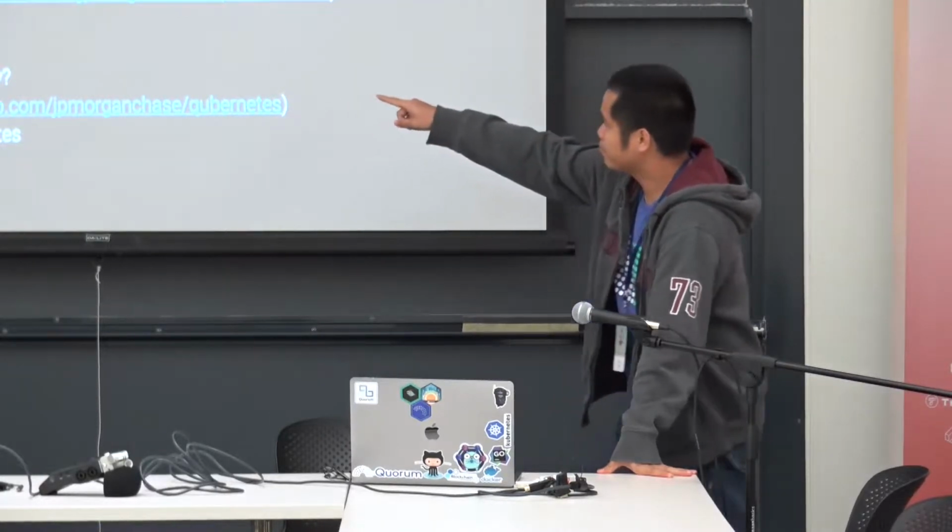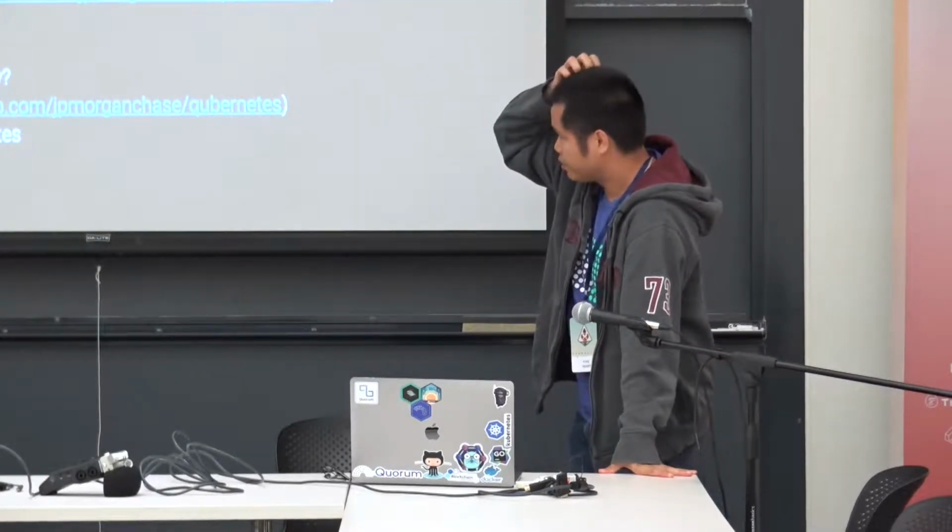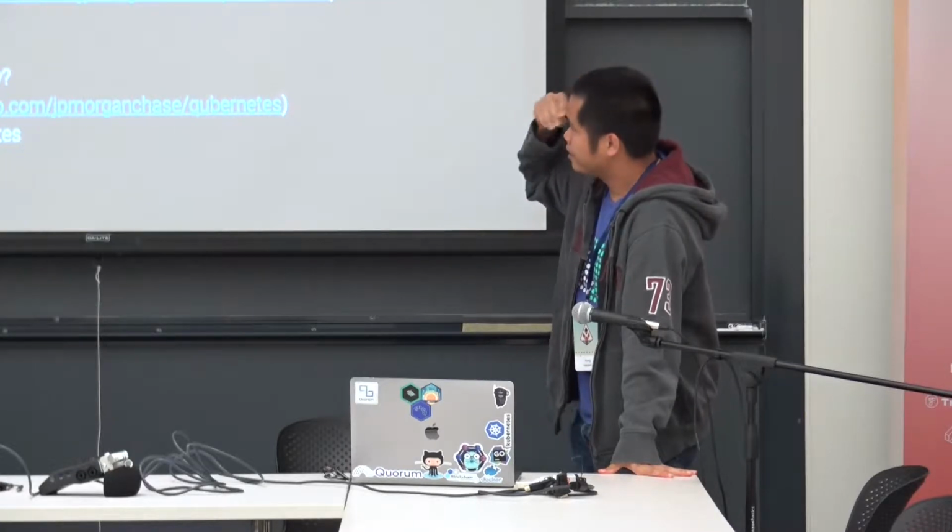We have Quorum Cloud, which is the one that I'm going to present today for the demo. The idea of Quorum Cloud is that we would like to have the ability to bring up a Quorum network in many cloud providers. So it could be AWS, Azure. There's an Azure Blockchain Service that they just announced this year, which is powered by Quorum.